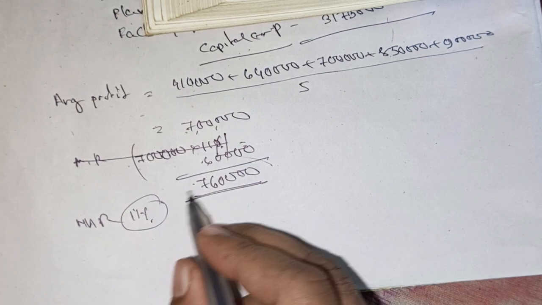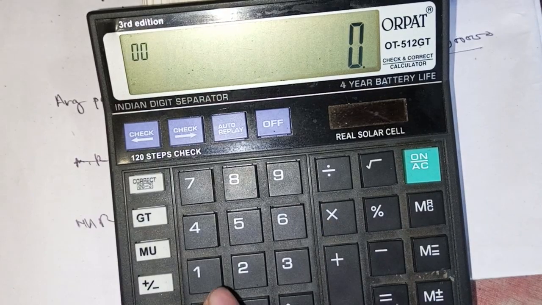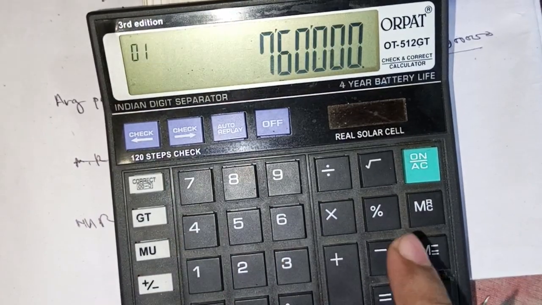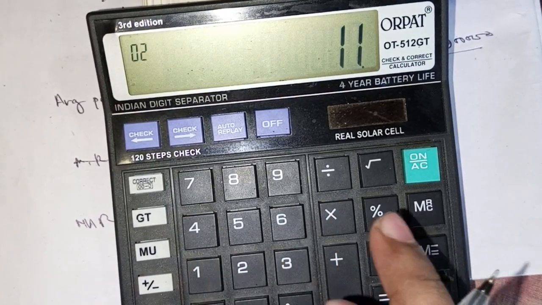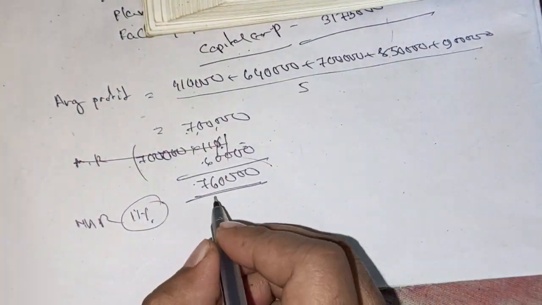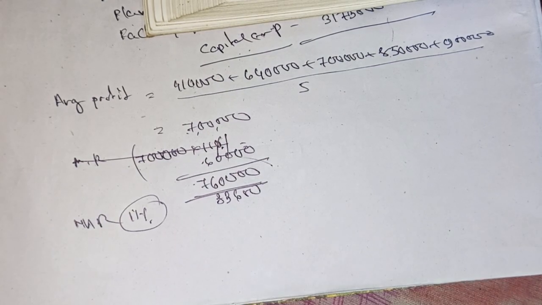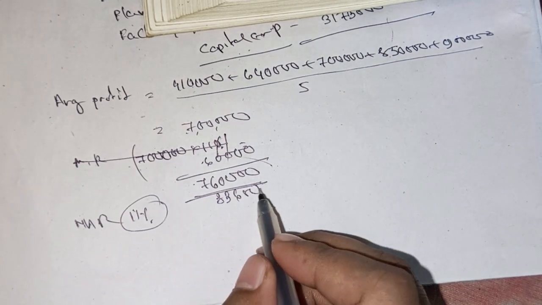So now how much is it? 7,60,000 multiplied by 11% is 83,600. It means we can give managerial remuneration of maximum this much.